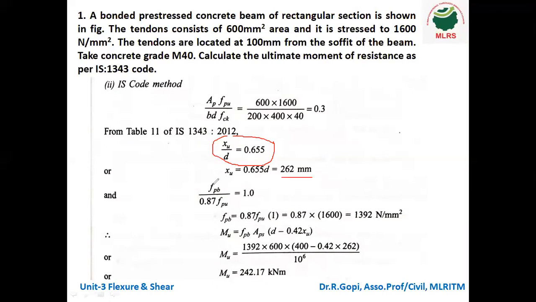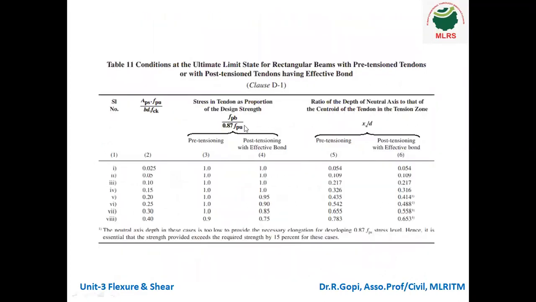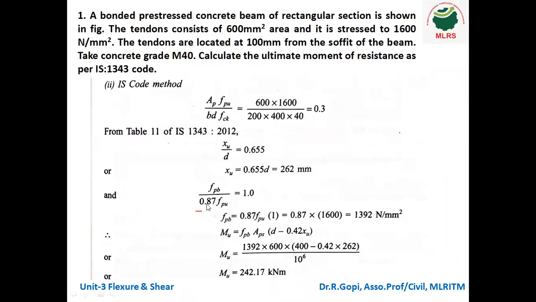Okay, so next, the ratio of FPB divided by 0.87 FPU. For that, the stress in tendon ratio we got is 1. So substitute the value 1. You can see FPB divided by 0.87 FPU is equal to 1.